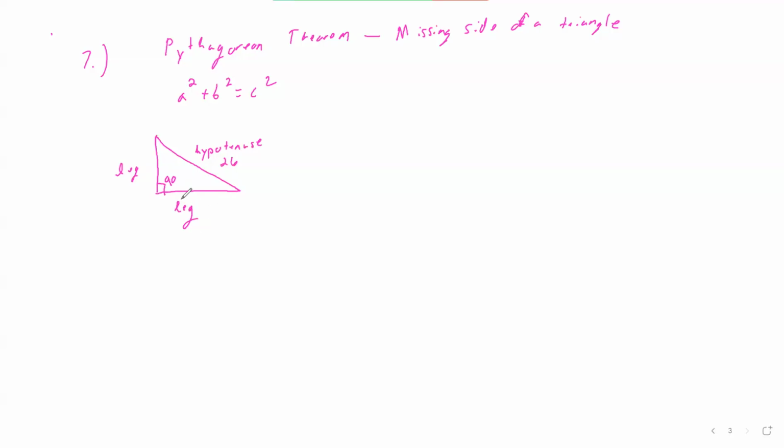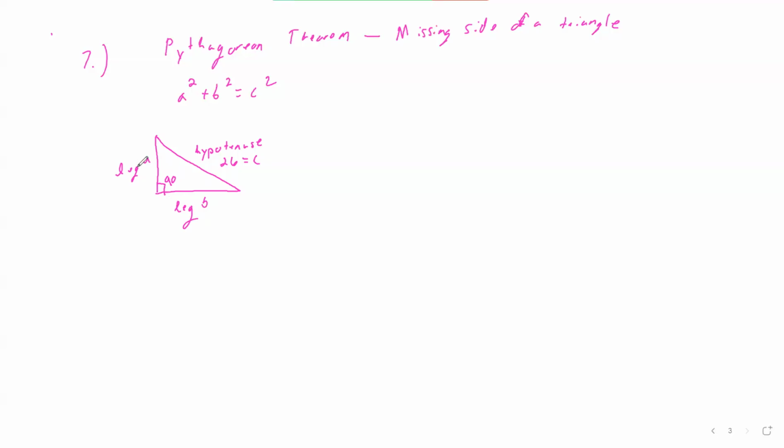Typically, it does not matter. This can be your A, this could be your B, or this could be your A and this could be your B. The only side that matters is that the hypotenuse has to be C. How you do your legs does not matter. But then it said one of the legs is 24. Totally up to you which leg you want to be 24.